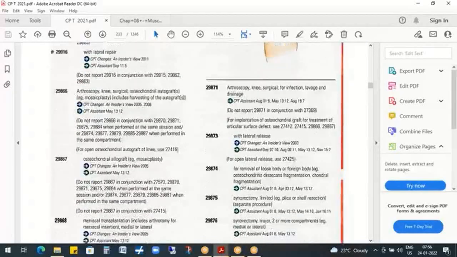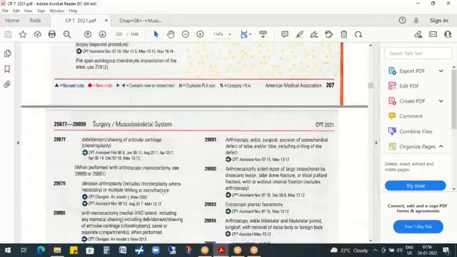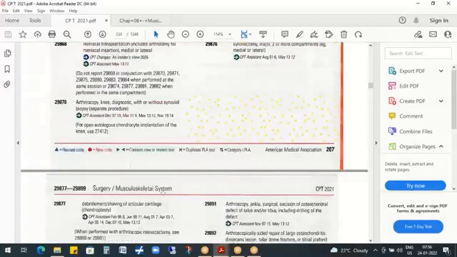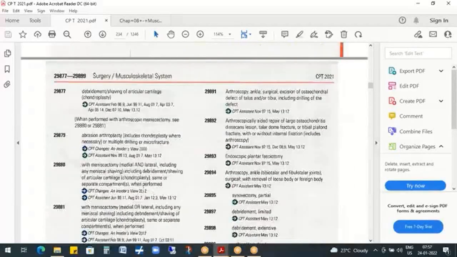Next, come to the knee. 29880. See there, medial and lateral. And means both the compartments.